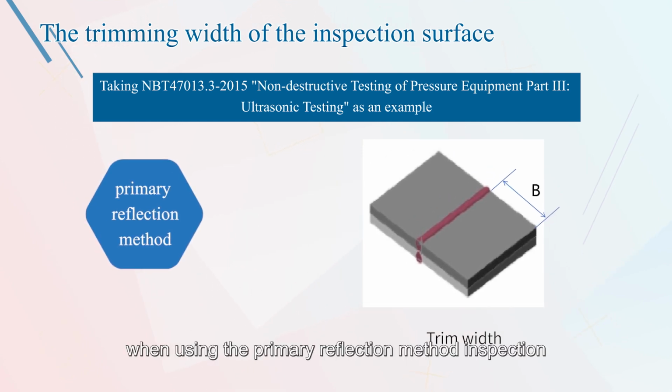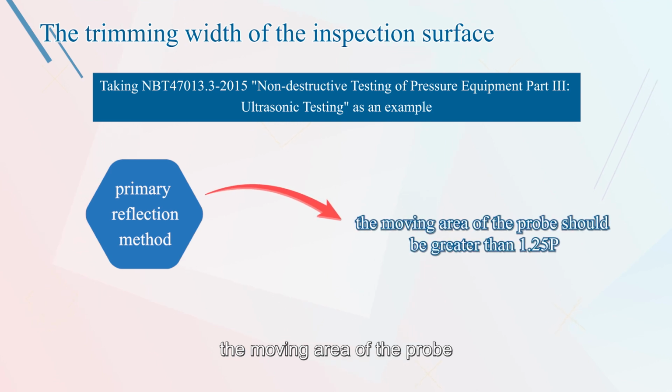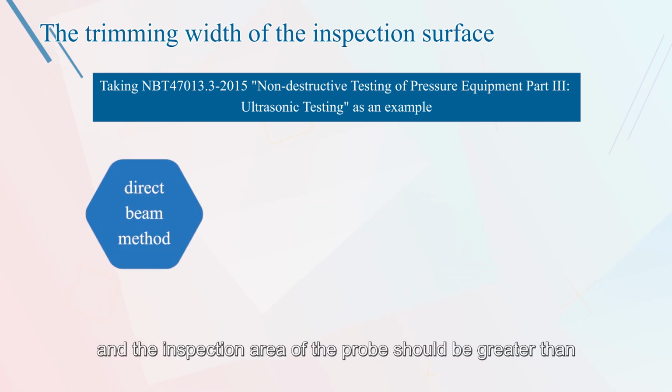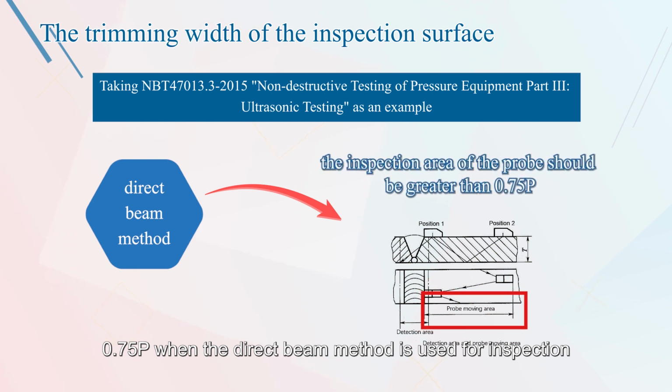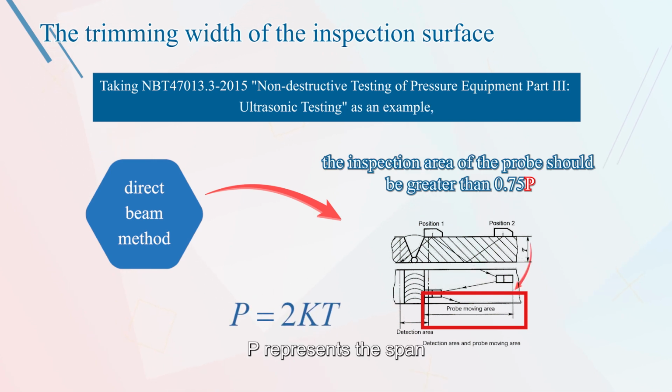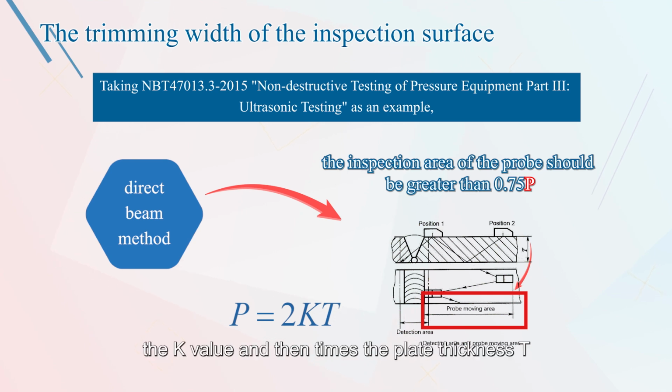When using the primary reflection method inspection, the moving area of the probe should be greater than 1.25 P, and the inspection area of the probe should be greater than 0.75 P when the direct beam method is used for inspection. Here, P represents the span. P is equal to 2 times the K value times the plate thickness T.